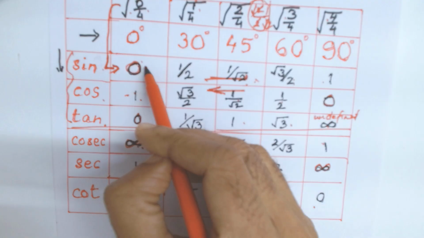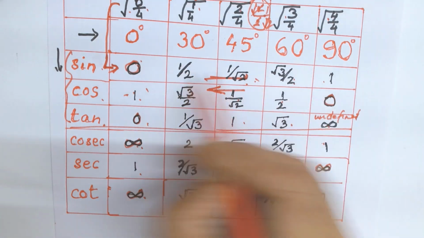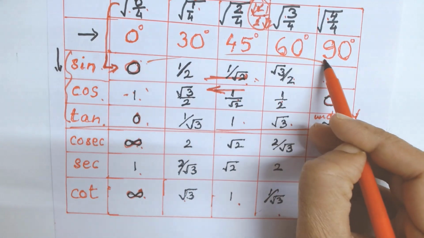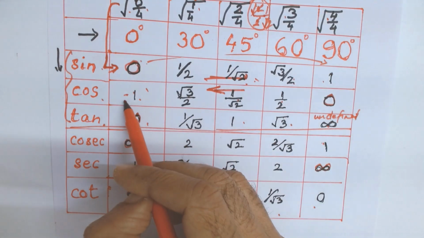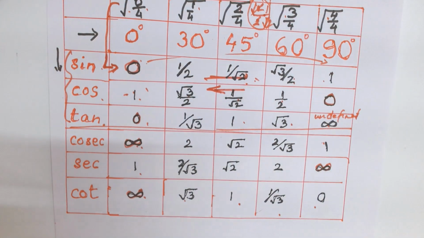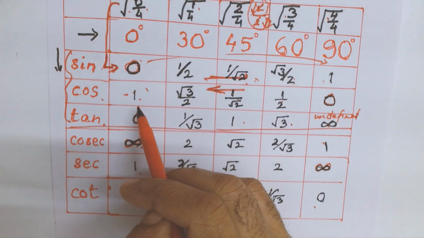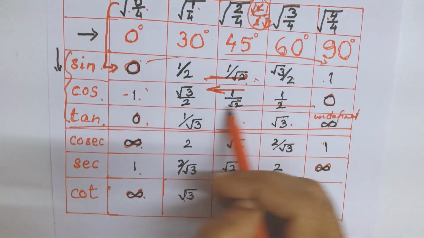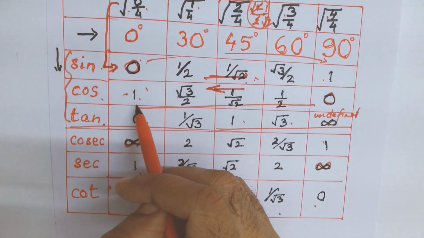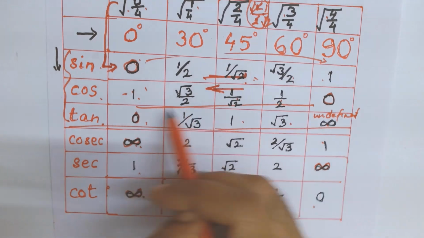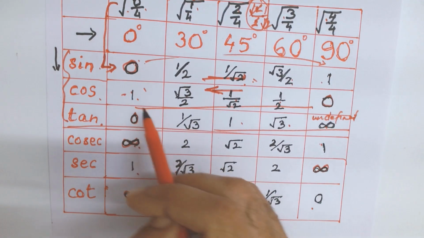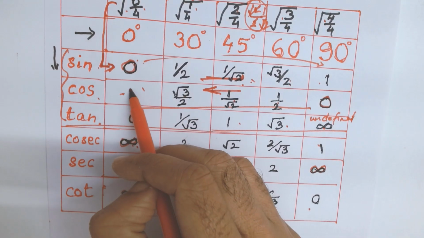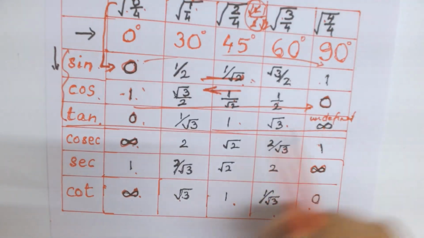So if you see the value of sine increases from 0 to 1, what about cos? If they ask you the value of cos decreases from 1 to 0, that's a true statement, because here you will see that this is decreasing from 1 to 0.